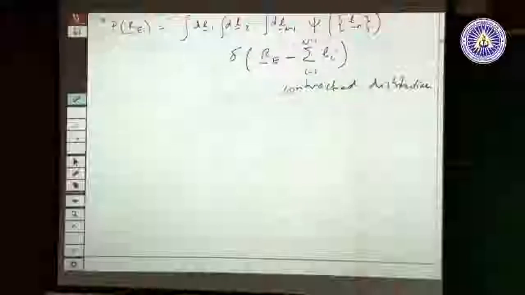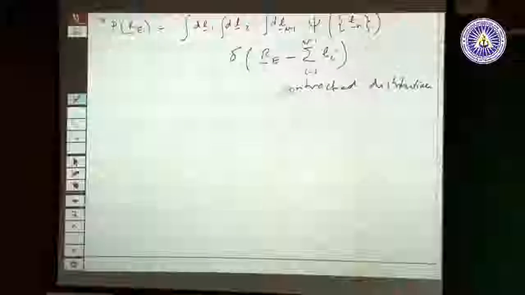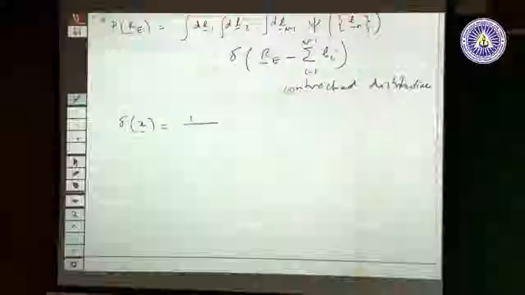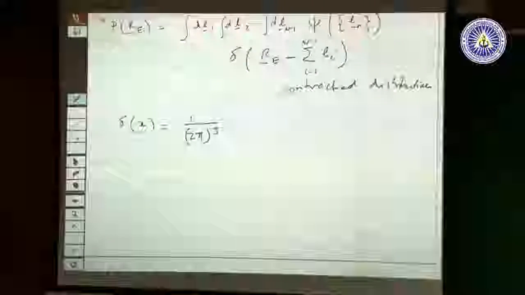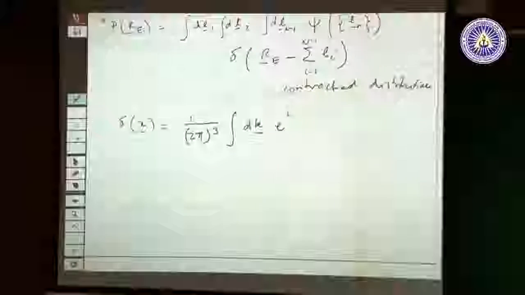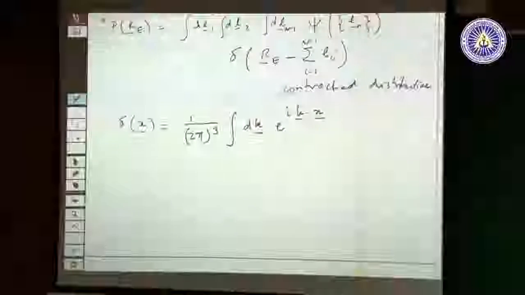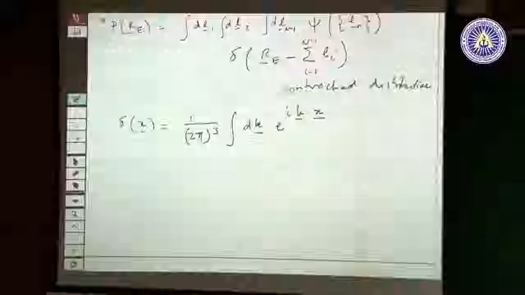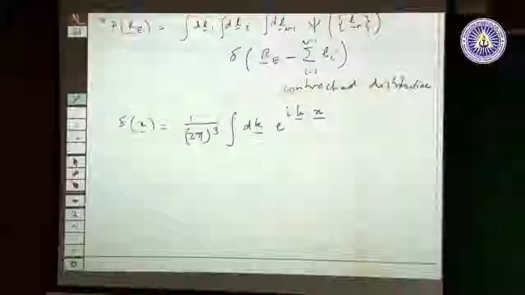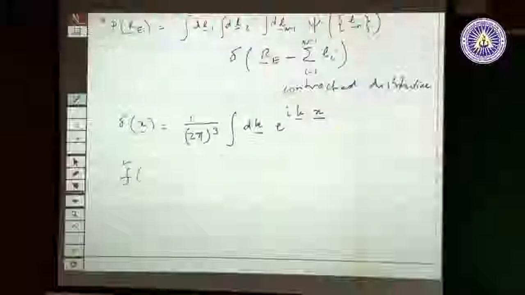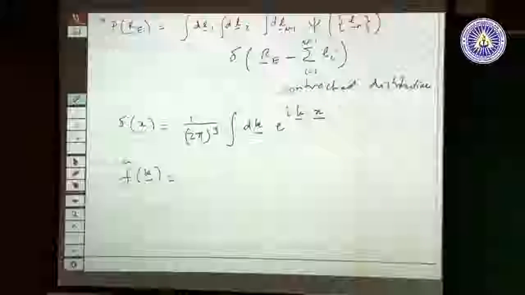So, I am going to give a result here without proof, and this is essentially the representation of a delta function in Fourier space. Okay. So, I say this is dk e to the power of i k dot x. Okay. This is how one can represent a delta function in Fourier space, and I will show you in a minute why this works. I will not prove how you get this result, but you know that the Fourier transform is defined in this way, right.